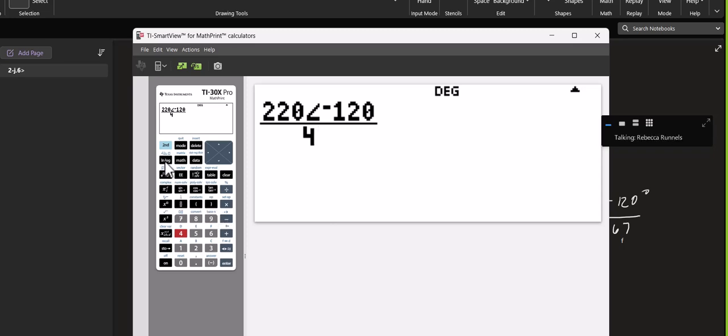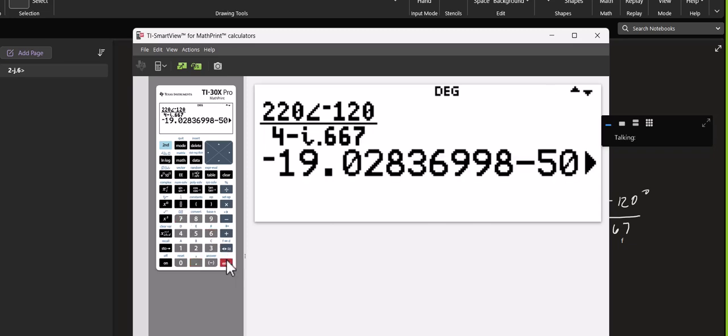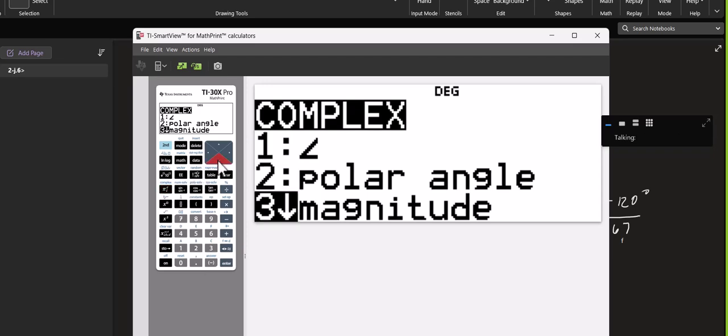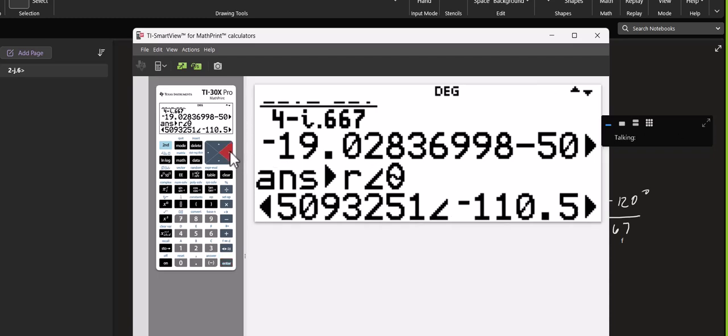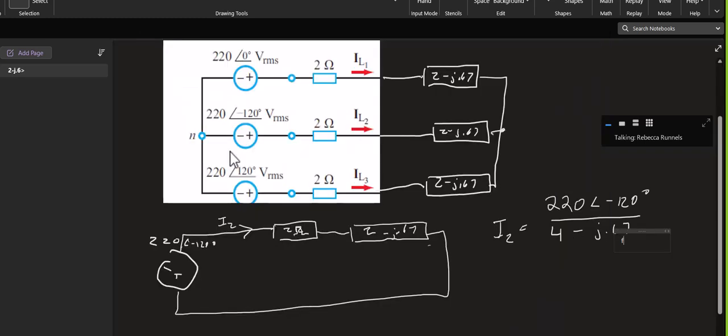So 4 minus j0.667. And as a phasor, that would be, let's see, 54 angle negative 110.5, I think. 54 angle negative 110.5 amps, and from that I know what I3 is going to be because it's balanced.